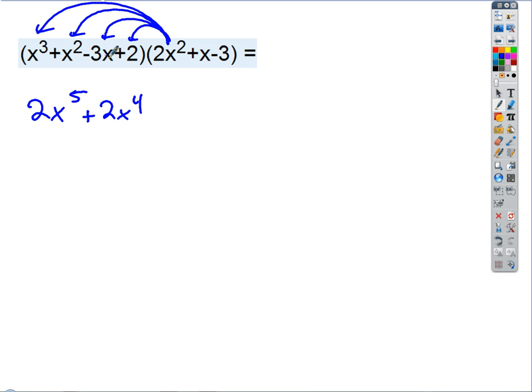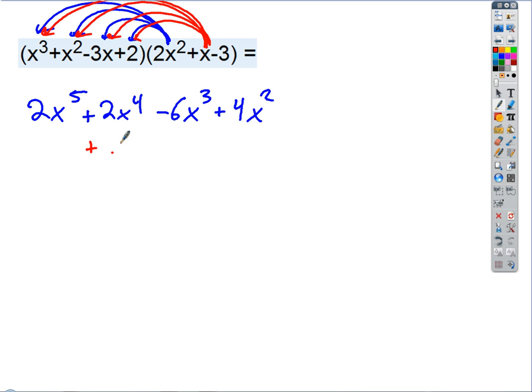2x squared times negative 3x. Negative 6x cubed. Okay, 2x squared times 2. 4x squared. Okay, good. Now let's distribute the x. So if I do that, x times x cubed, so that's going to line up in this column. So that's a positive x squared, right?